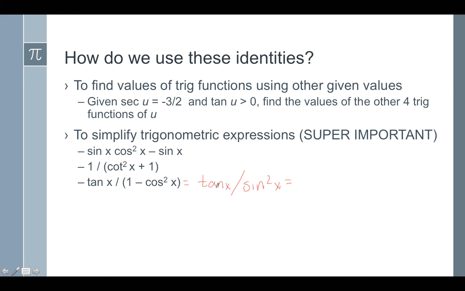I have tangent divided by sine squared. So let's write it as tangent divided by sine squared x. Well, the reason I'm going to write it like this is because I'm going to change tangent to a fraction of sine x over cosine x.